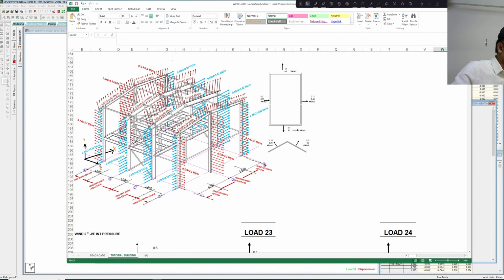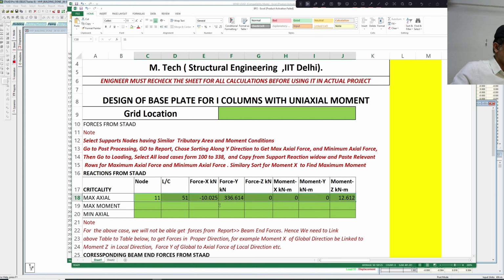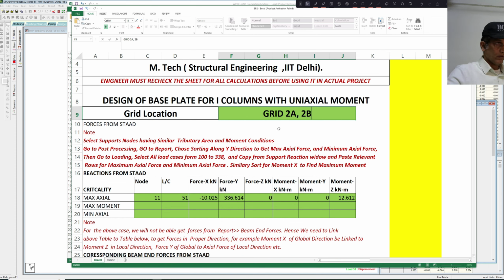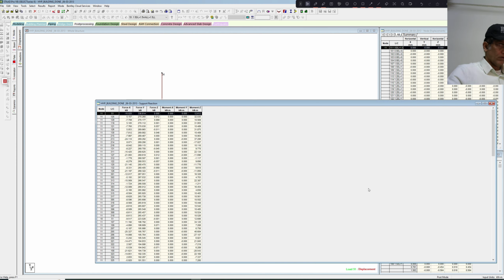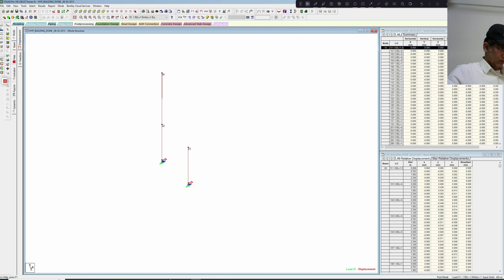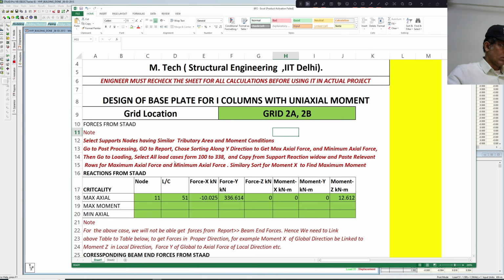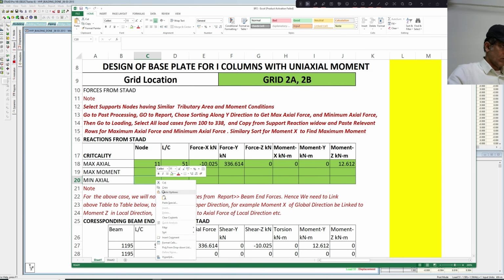This is grid 2A and 2B. Okay, you can take the minimum force also. Again, there is no tension at all, so this will not paste.